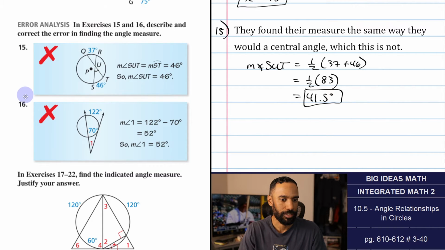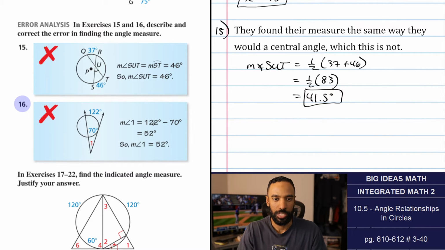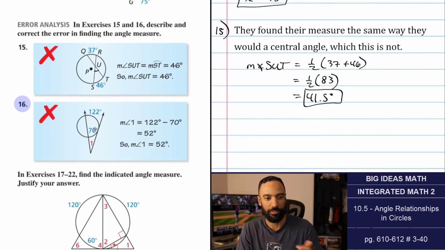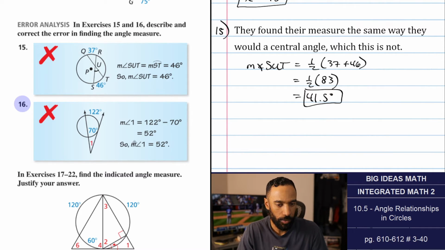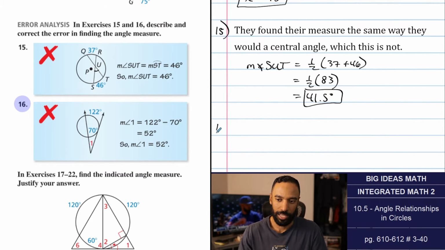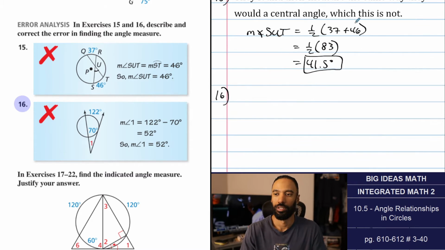Okay, number 16. Here they took the difference between 122 and 70, which they should do, but they got to take half that value, kind of like how inscribed angles work, and they didn't. So they said it's just 52 degrees. So on number 16, they still need to take half the value.